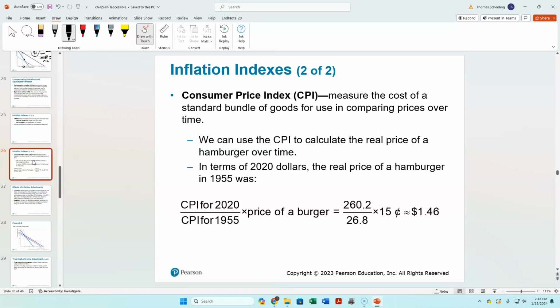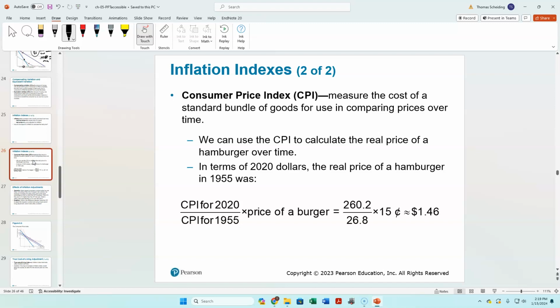And the way that we did that, certainly in Principles of Macro, was we calculated the Consumer Price Index, the CPI, and in this calculation we looked at a basket of goods and how much that basket of goods cost over various years, and we calculated a ratio of that price basket, its value.